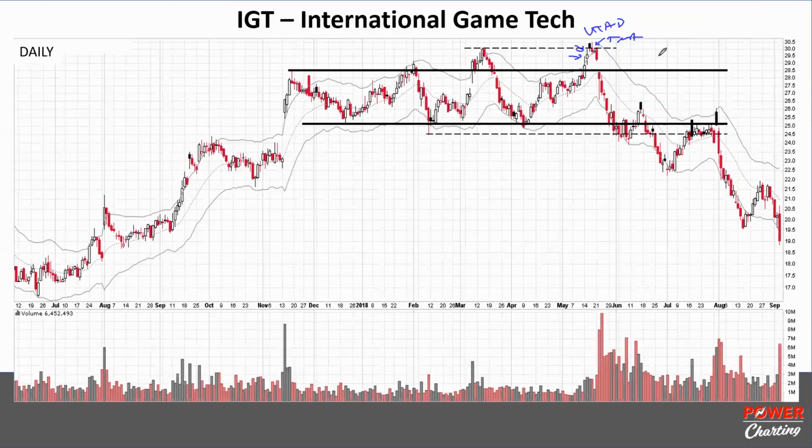But the thing that I find most interesting is after the testing, there's a big wide down bar and then a gap. And the day after the gap goes all the way down into the middle of the range, attempts to close near the highs, which is at the resistance area.